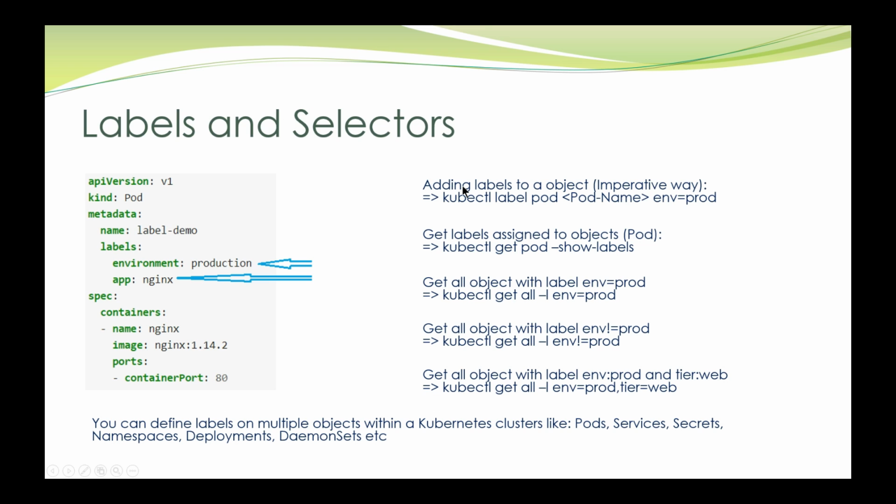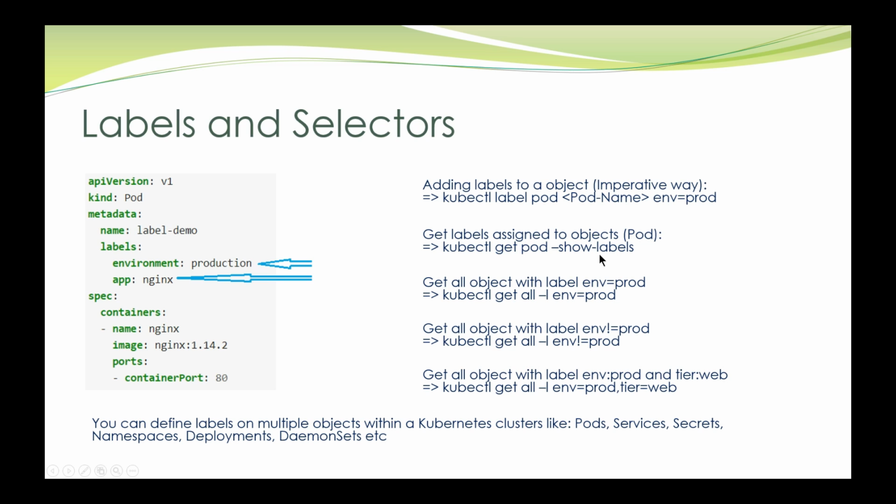So here are some commands for this. If you want to add a label, in the imperative way we just write kubectl label and the pod name. Suppose we are adding a label for a particular pod name, and we are passing env equal to pod. If we want to see all the pods with whatever labels are set, you just query kubectl get pod --show-labels.